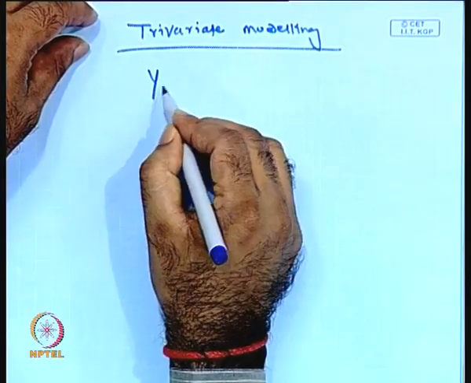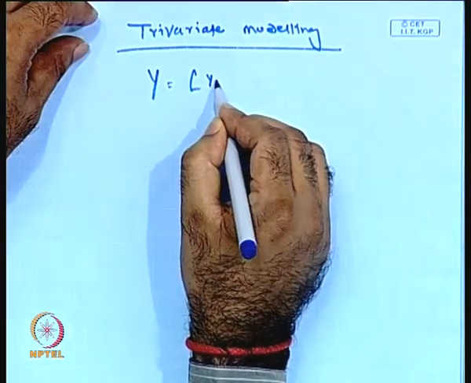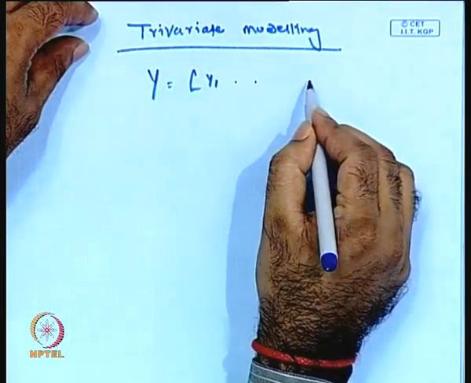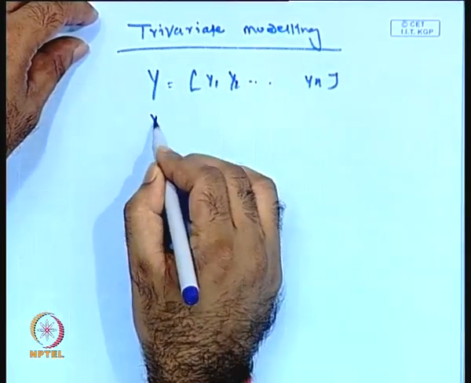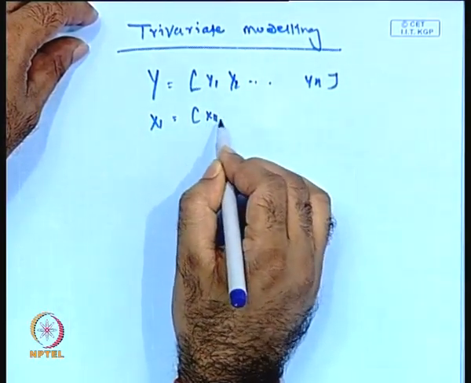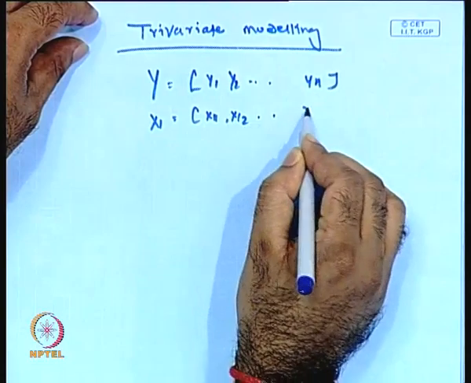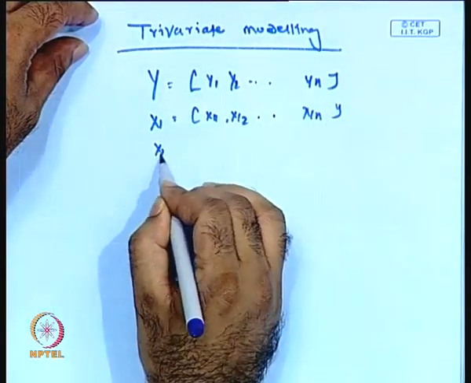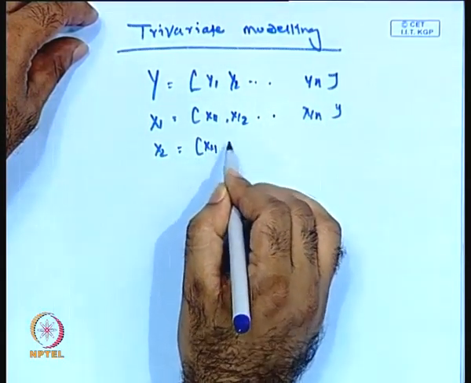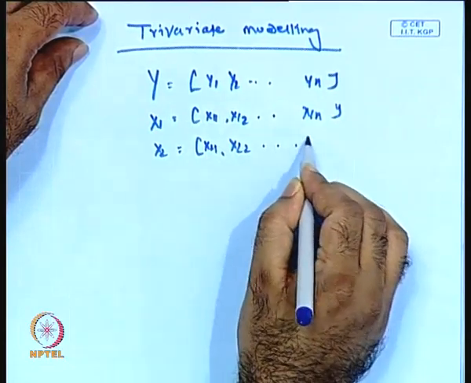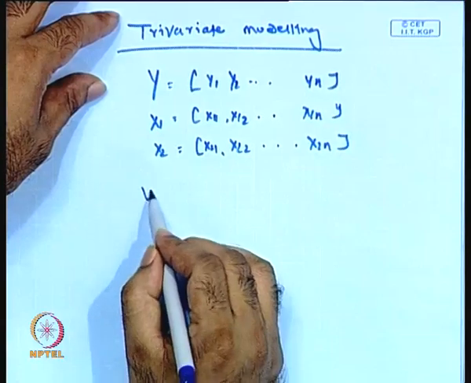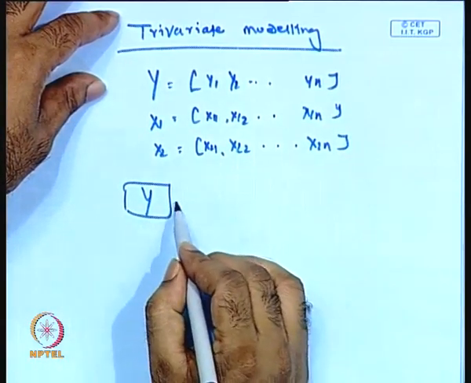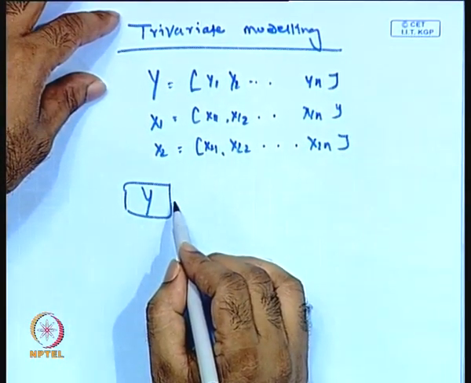So let us assume that y consists of sample observations y1, y2 up to yn, then x1 consists of x11, x12 up to x1n, and x2 involves x21, x22 up to x2n. With this basic background, our objective is to trace the impact of x1 and x2 on y.